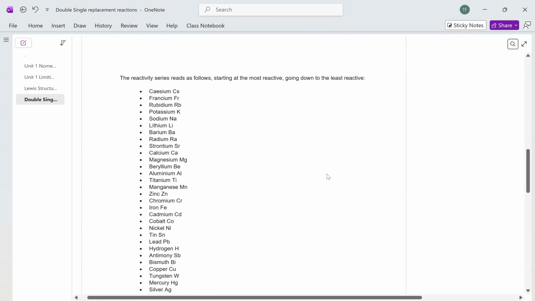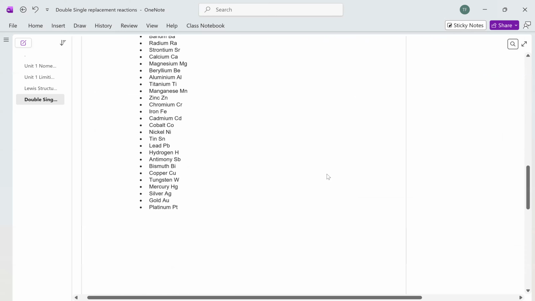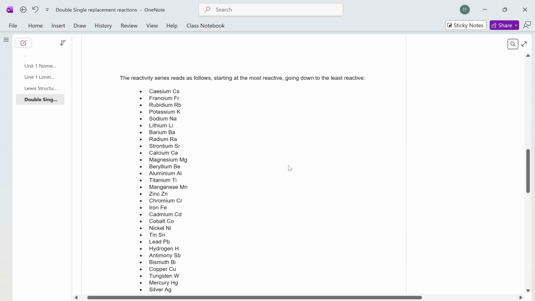Now we're going to be using something called a reactivity series. Okay, now this is a reactivity series. At the top, my tablet is not hooked up. Come on.